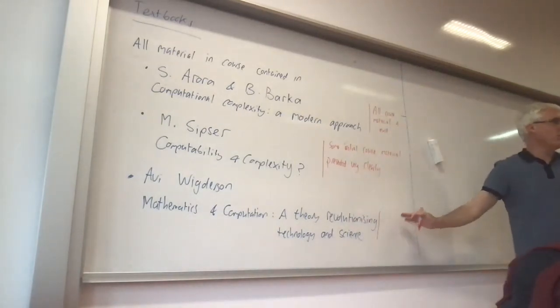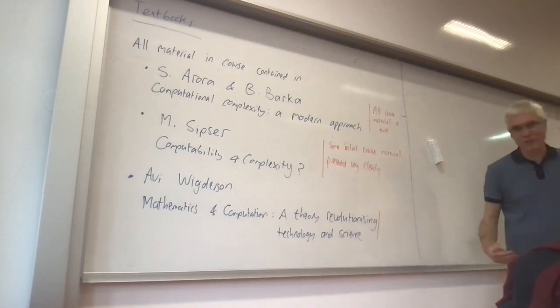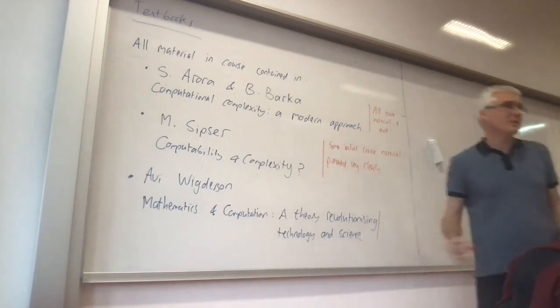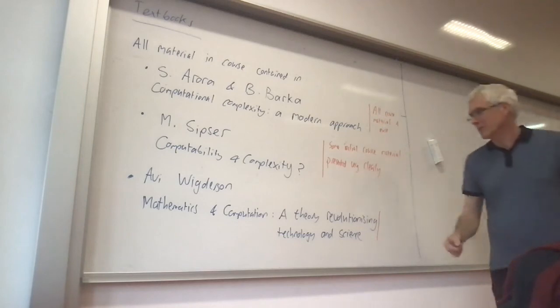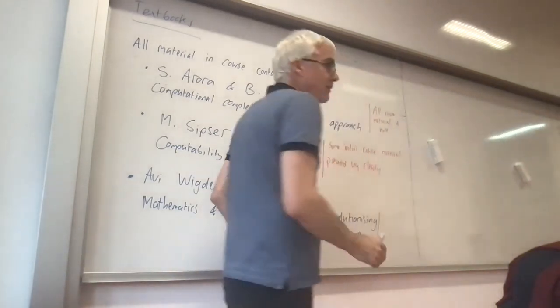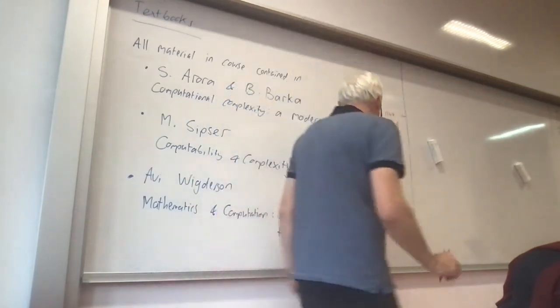So it's almost like a popular science book about computational complexity, only it's a popular science book aimed at a mathematically literate readership. So it's not popular science in the sense of the average bookshop readership or something like that. So it's popular science ideal for us, let's say.